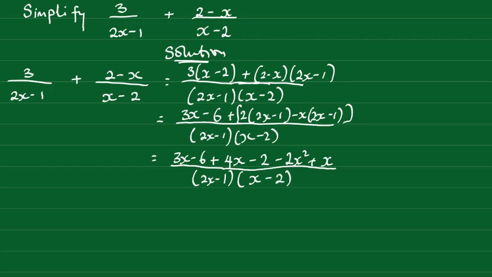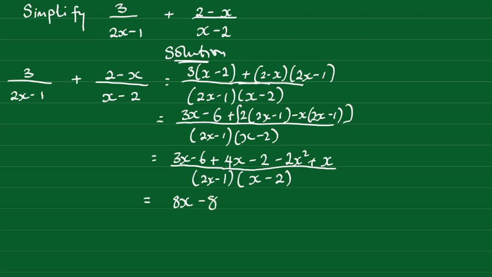Now we'll collect like terms at our numerator, so we have 3x plus 4x, 7x, plus x, we'll have 8x, while we have minus 6 minus 2 gives us a minus 8.